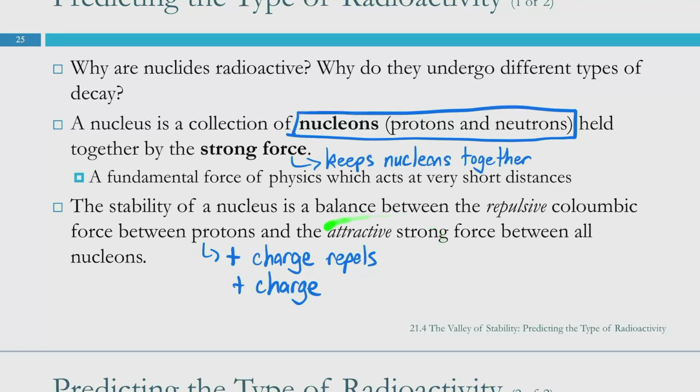But there's also an attractive strong force that holds all of the nucleons together. And so there's a balance there. If you've got too much positive charge, the whole thing's going to fall apart. And if you have too many neutrons, the thing will probably also fall apart because there's not quite enough of that attractive strong force keeping things together.